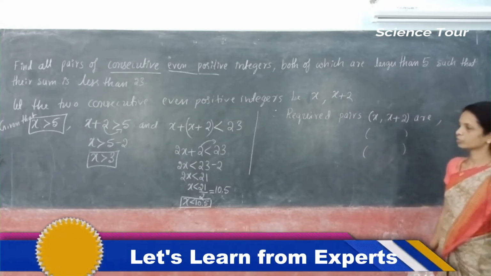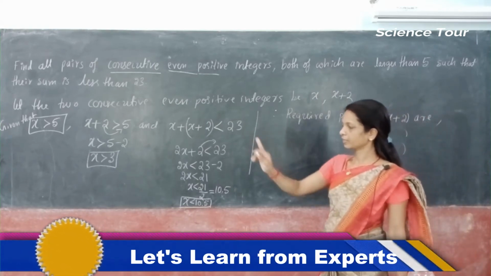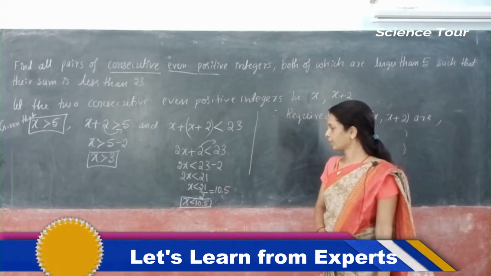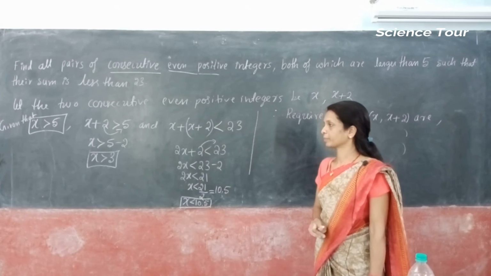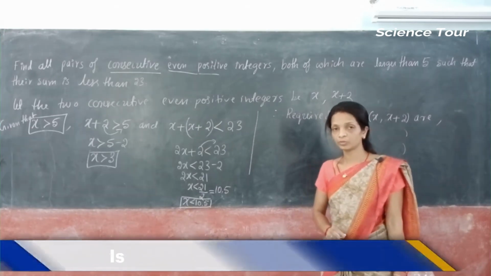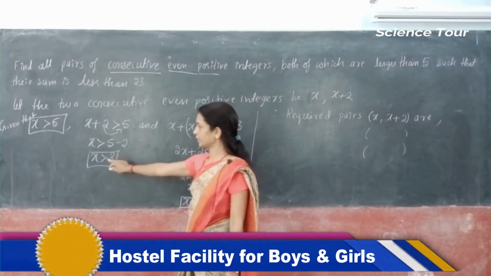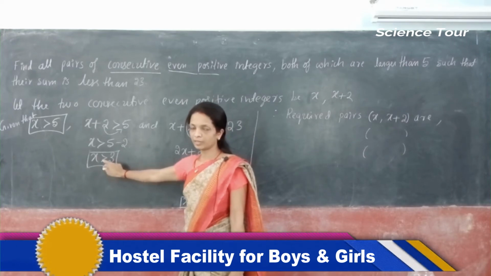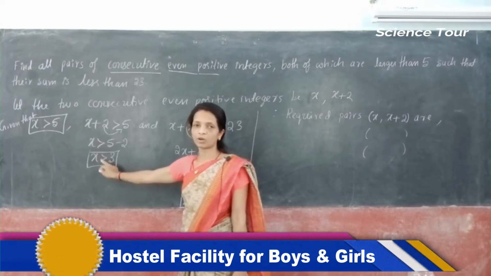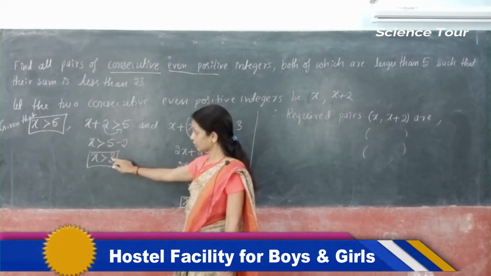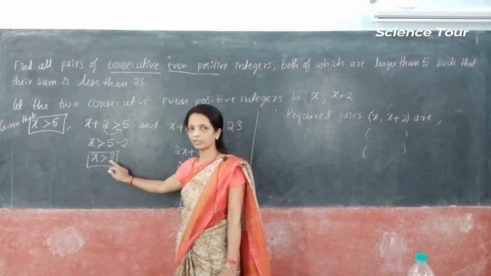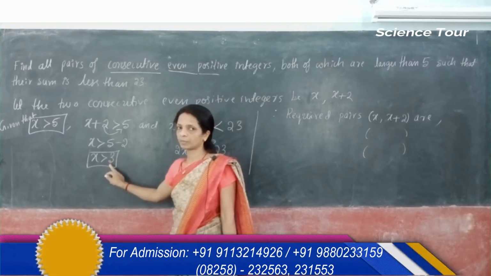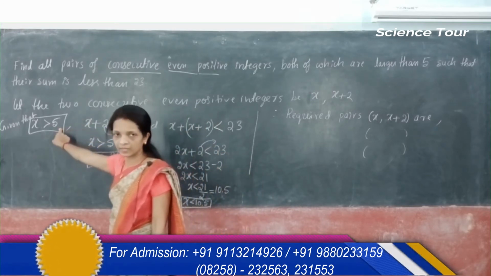See, x should be greater than 3, greater than 5 and less than 10.5. Greater than 5 covers greater than 3. If you take an even number greater than 3, the first even number greater than 3 is 4, right? But if you take 4 in the x place, that does not satisfy this inequality.